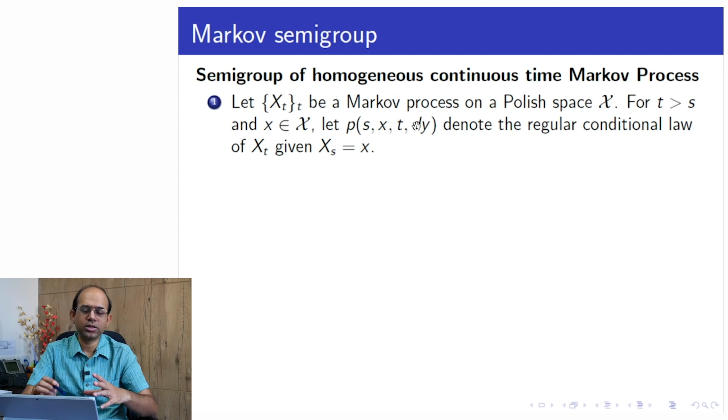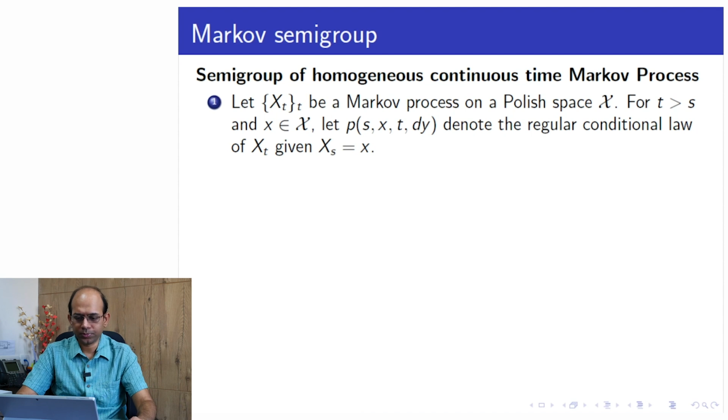Here dy is like the measure on the range set of the random variable Xt. X is the Markov chain, and at time t it is a random variable, and that random variable has a probability distribution, and that distribution is this, given that at time s, which is earlier than t, the Markov chain is at position small x.